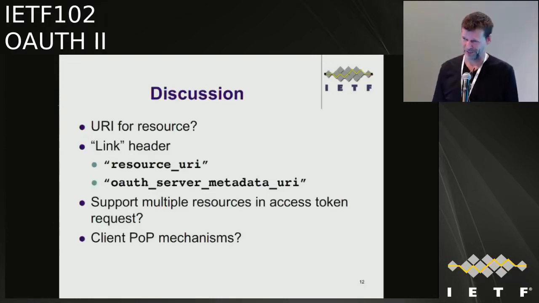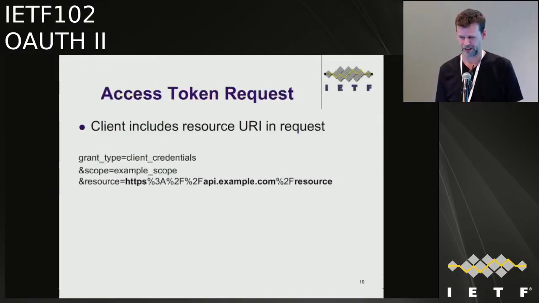That was what I was saying. John, maybe you can clarify why you think this is a different resource. This is the link header coming back from the resource, not the resource parameter going to the authorization endpoint. No, this is the one we're talking about here. Okay, but that wasn't what the previous slide was on.